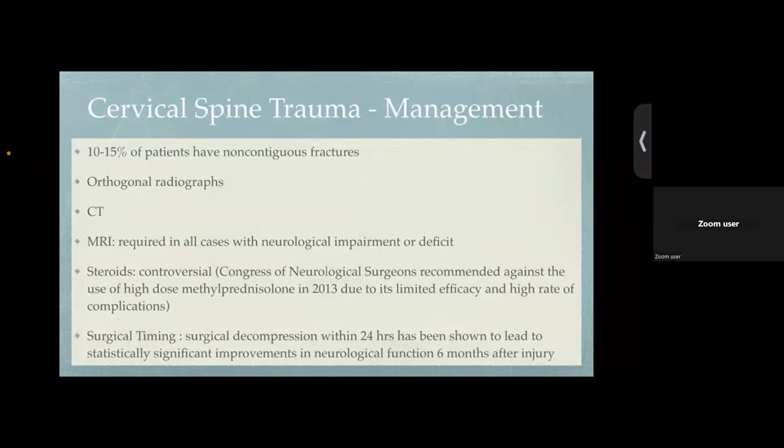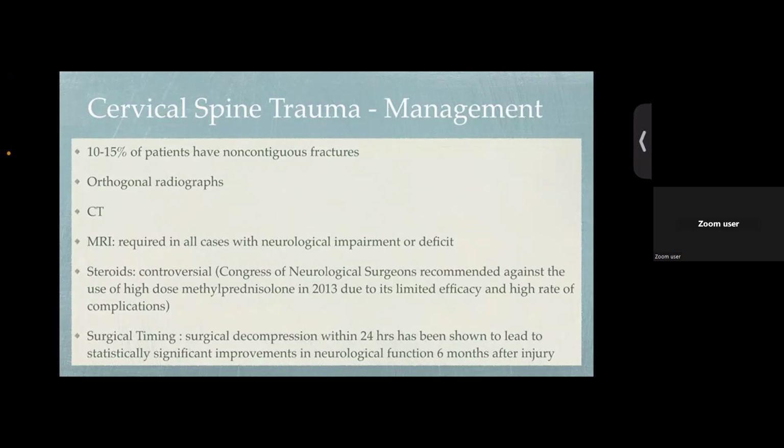So, general management. Of note, 10% of these patients would have non-contiguous fractures. As we went through the x-rays, the radiographs, the CTs, depending on injuries that we will go into a little later, might require reconstruction, might require angiography, depending.